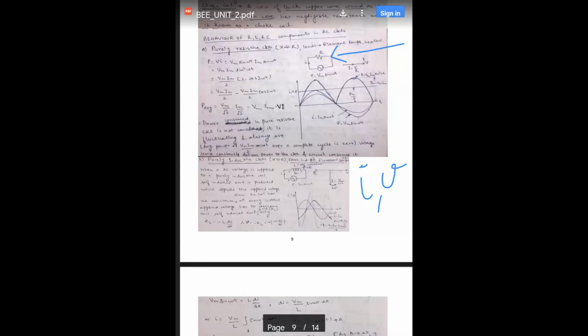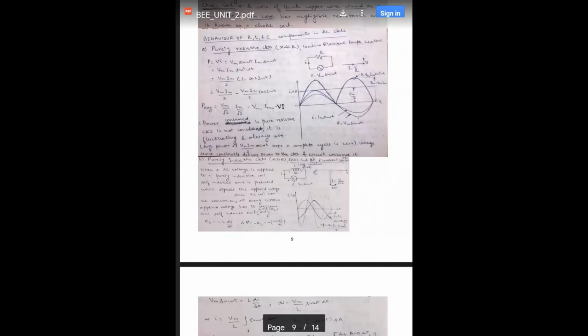Okay, so it is connected to AC. So this instantaneous voltage is a sinusoidal voltage, or Vm sin omega t. Okay, but it is equally good to represent these values in RMS.